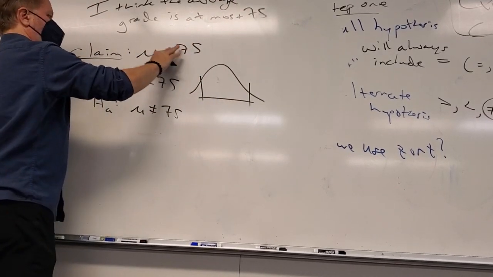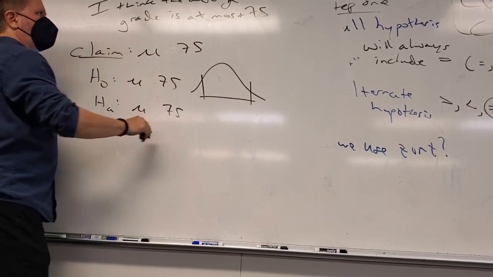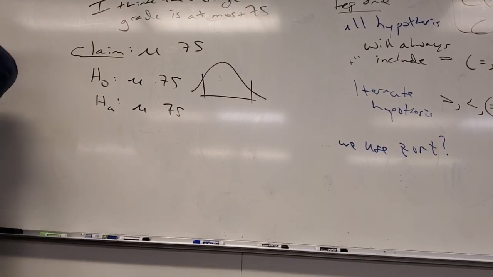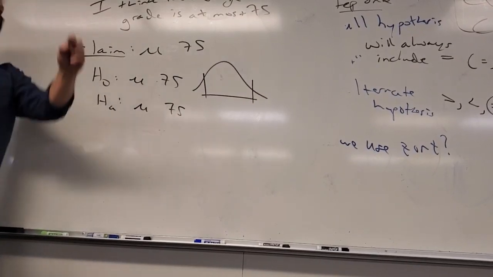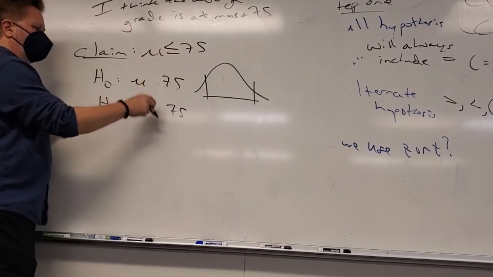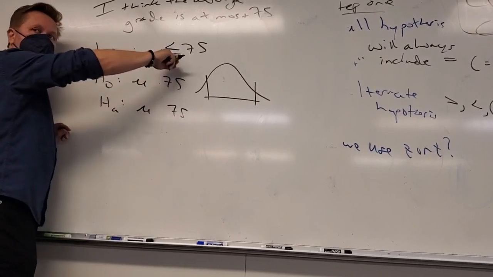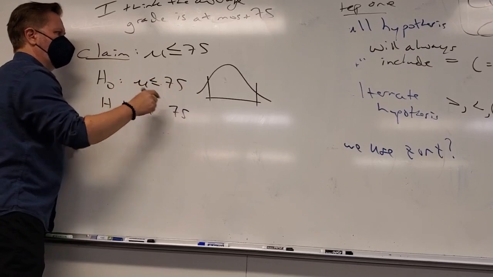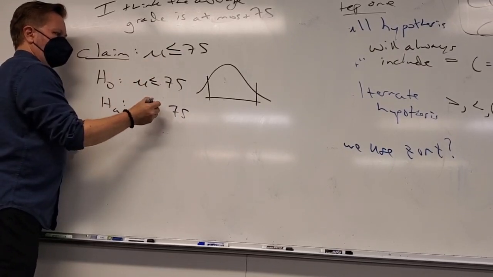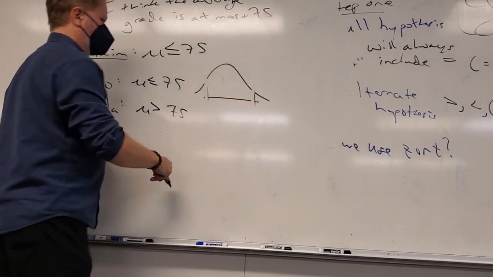And you're saying it is less than or equal to. Yes, at most means up to, right? So less than or equal to. Where would that go? In the H0, because it's got an equal sign in it, right? So it'd be here. What's the opposite of that? Greater than. How many tail tests would it be?